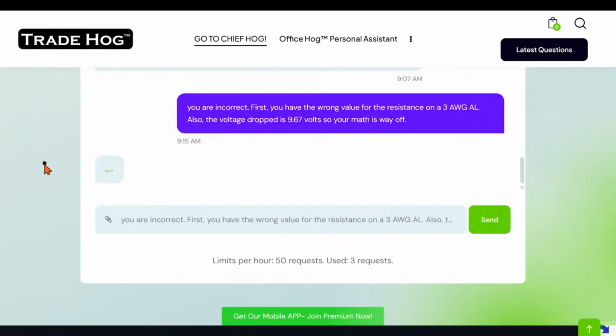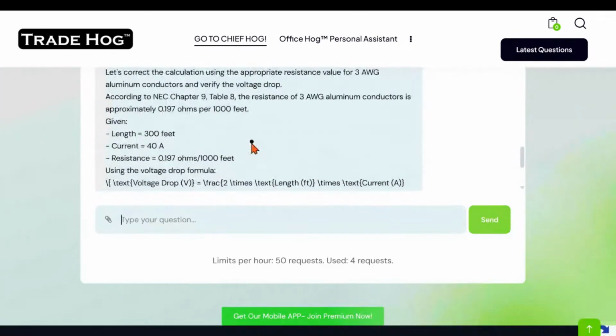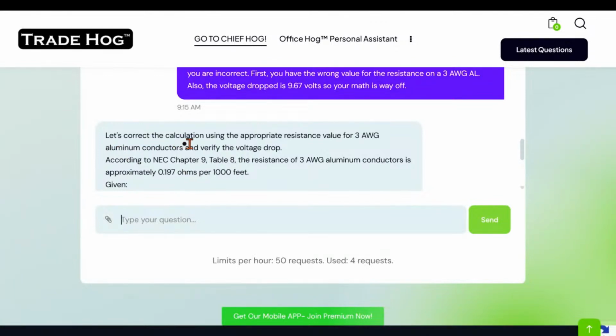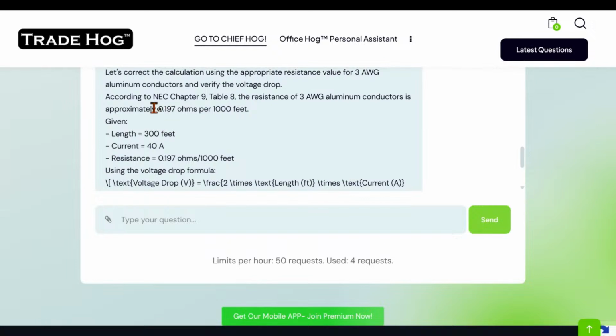So I said, you are incorrect. And let's see what the answer is. Let's correct the calculation using the proper resistance for 3. All right. So here it is. Okay, look at here. It says 3 aluminum is approximately 0.197 per 1,000 feet, right? Now watch. You are wrong again.